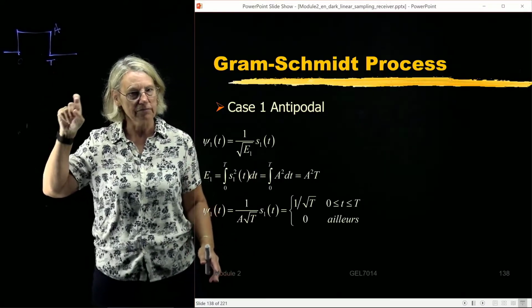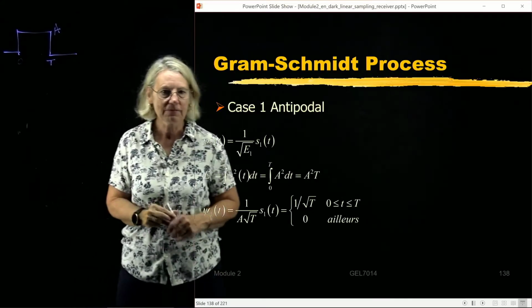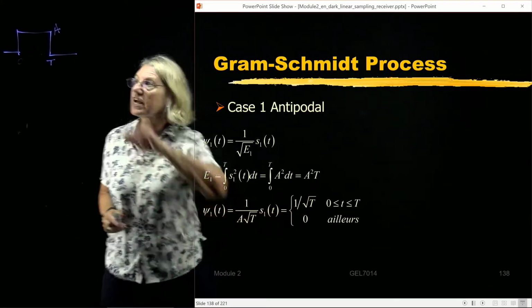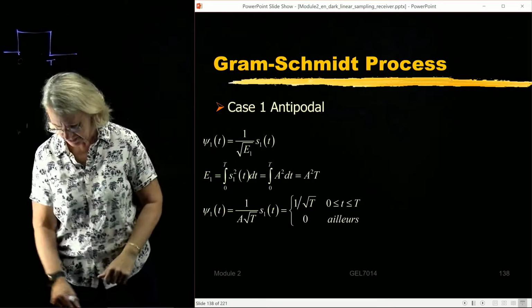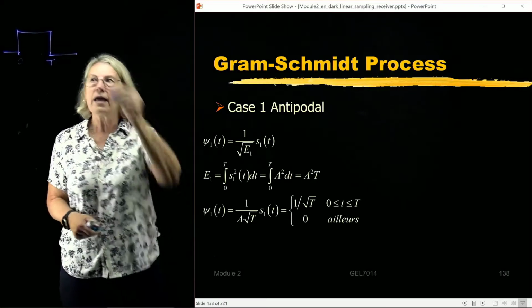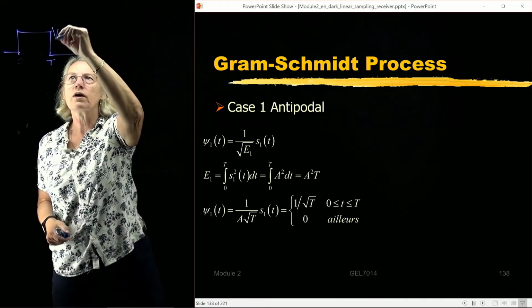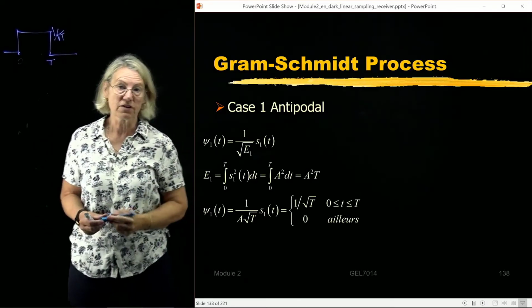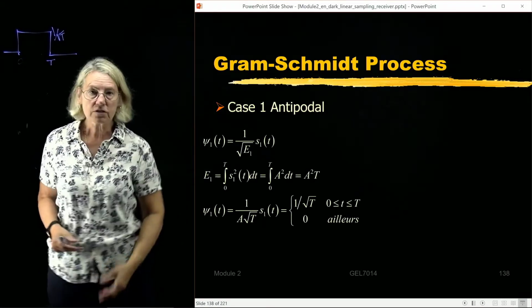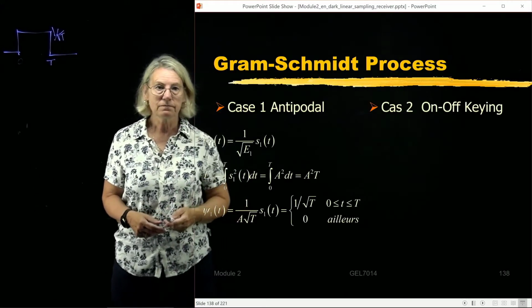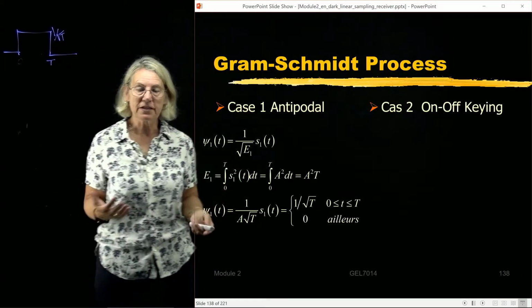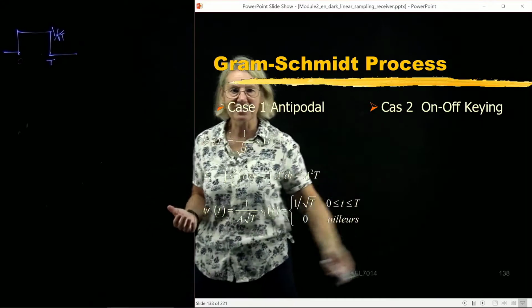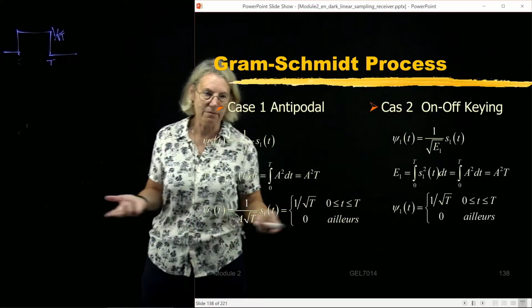Therefore I would change this amplitude: instead of being A, it would be 1 over the square root of T, and this would be the basis function. Of course, the first step in the Gram-Schmidt process, if I applied it to case 2, would be exactly the same, because they have the same first symbol.